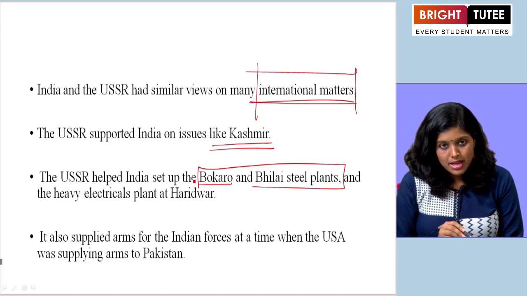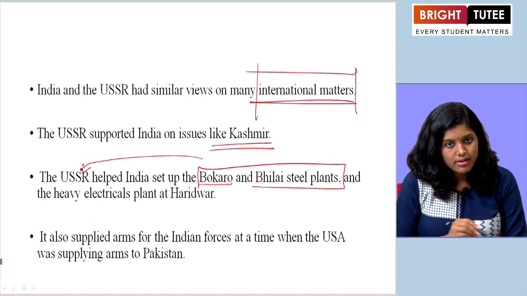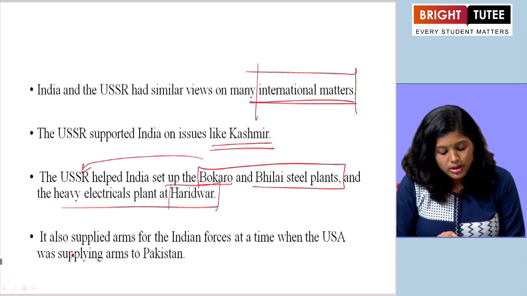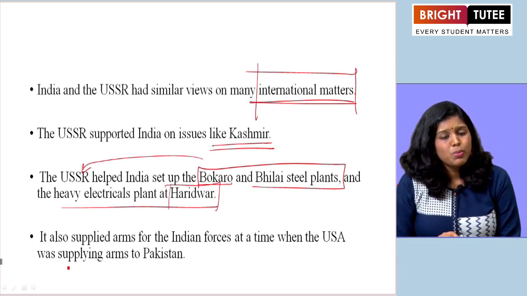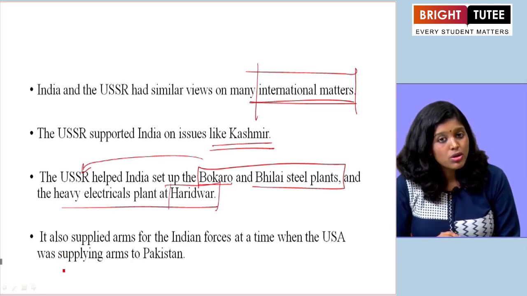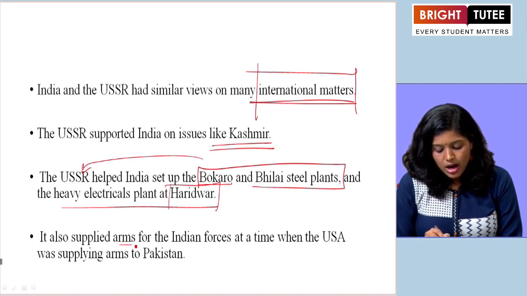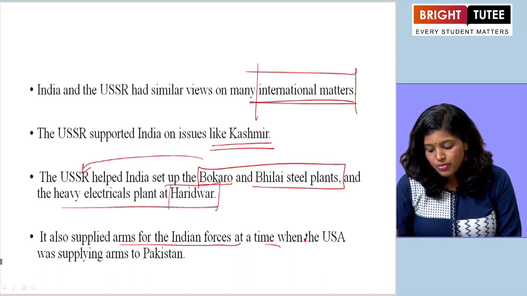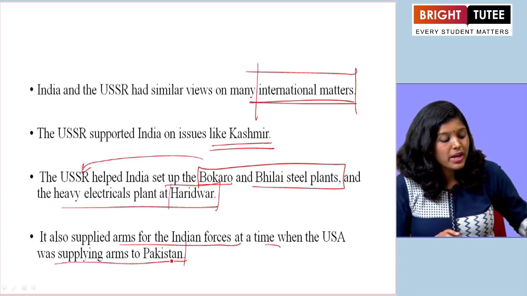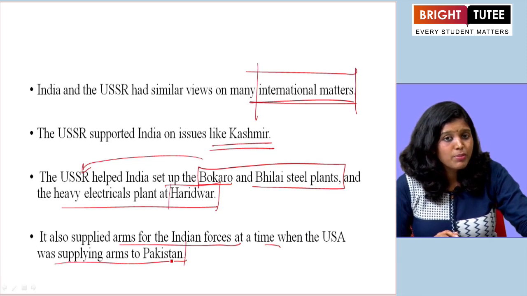So, the steel plants established in India were built with the assistance of the USSR, and the heavy electrical plants at Haridwar also received a lot of help from the USSR. It also supplied arms for the Indian forces at the time when the USA was supplying arms to Pakistan.